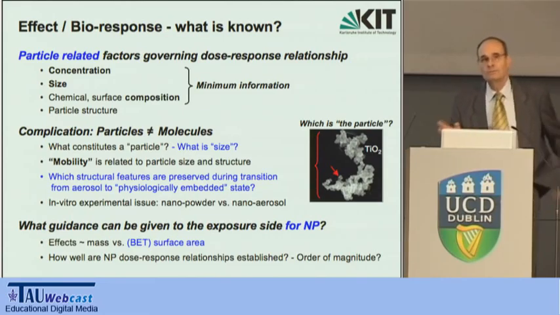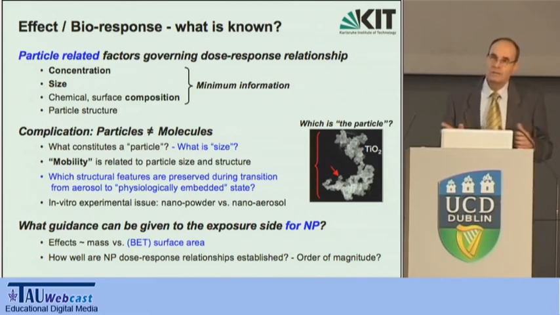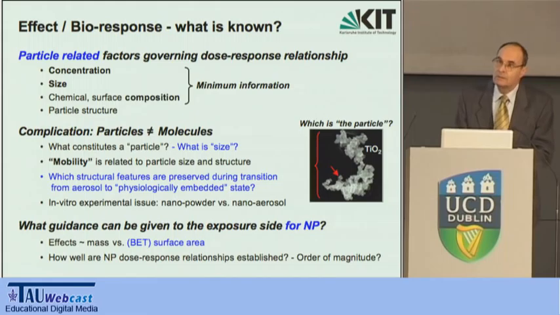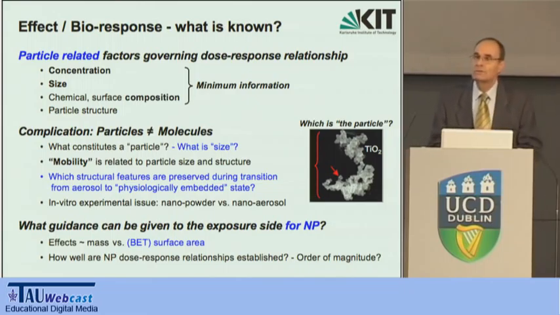So here you already have a differentiation between a size which is responsible perhaps for an effect and a size which is responsible for mobility. So this does impose some difficulties, conceptual difficulties also, and it also has some implications, of course, for people who try to characterize materials so that in the end you can do a dose assessment or a risk assessment.